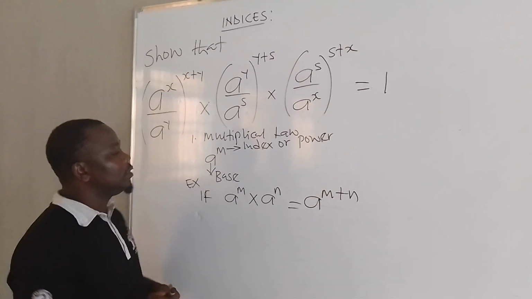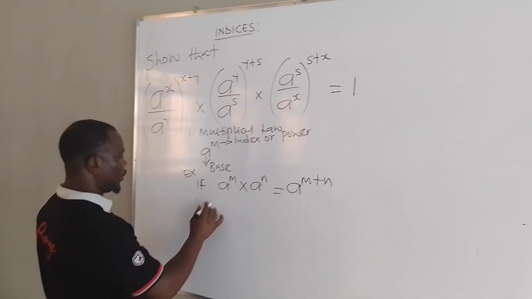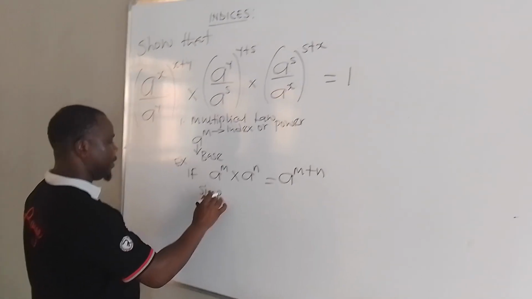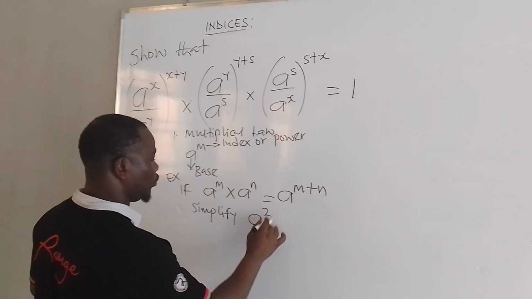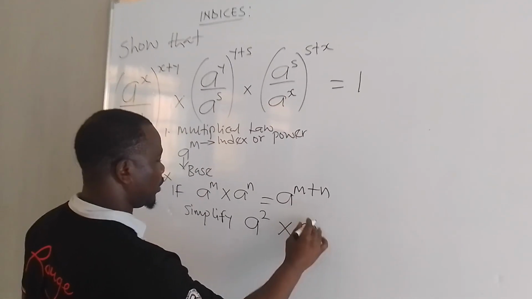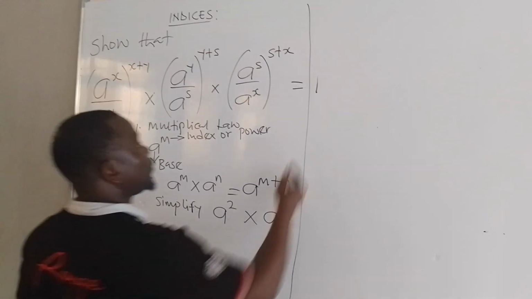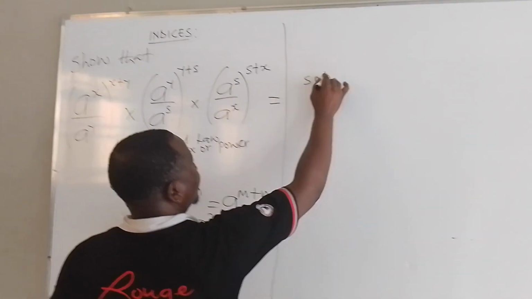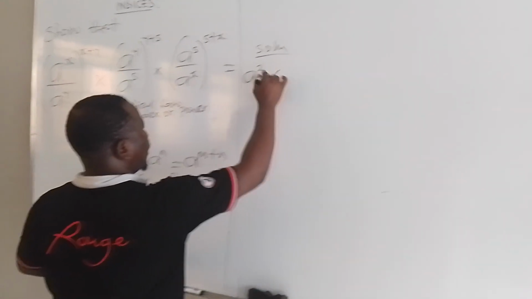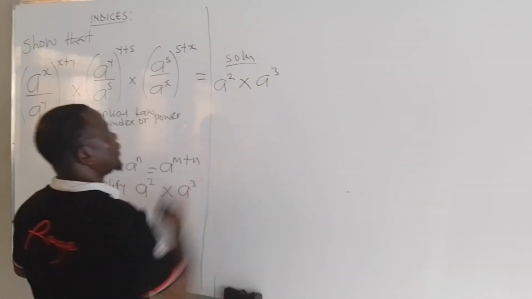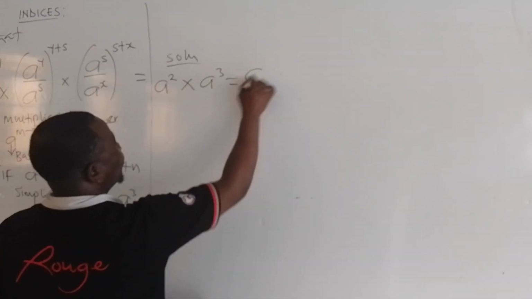Are you following? Okay. So let's look at, assuming you are to simplify, a raised to the powers of 2 times a raised to the powers of 3. You don't need a prophet to tell you. So let's write the solution. It implies that a raised to the powers of 2 times a raised to the powers of 3 equals, since the bases are the same, you take one base.